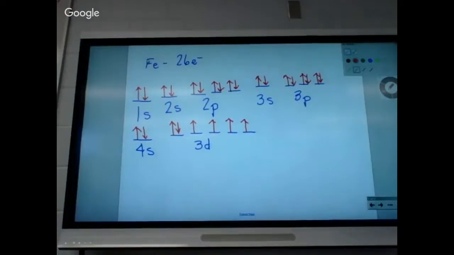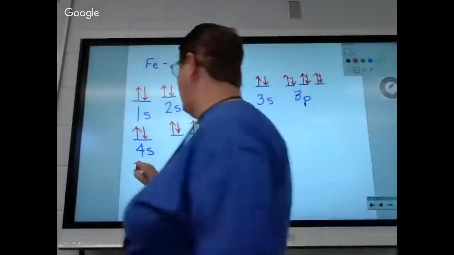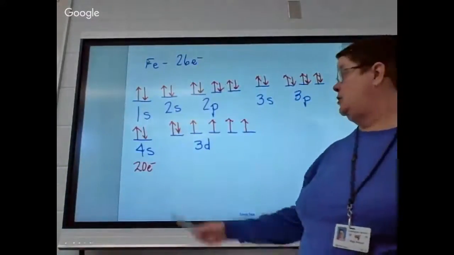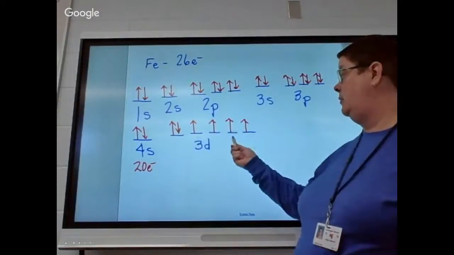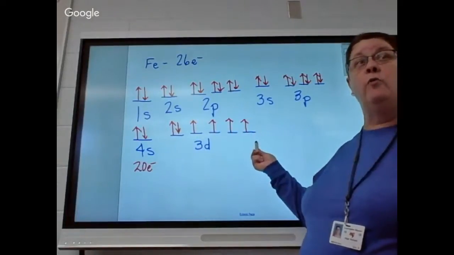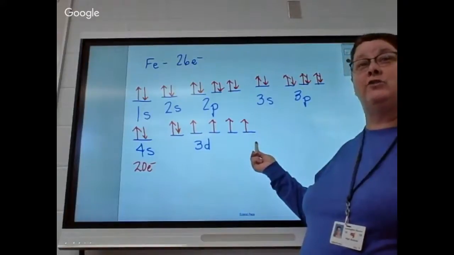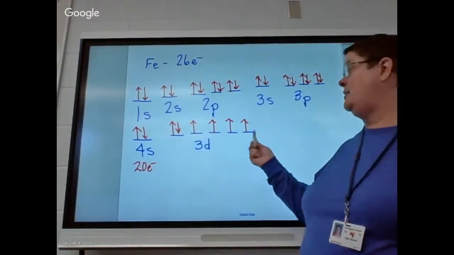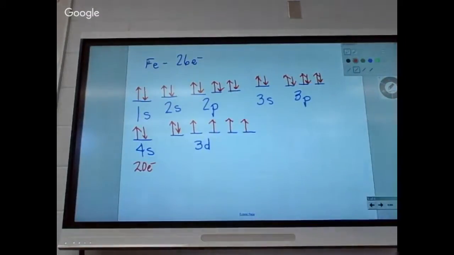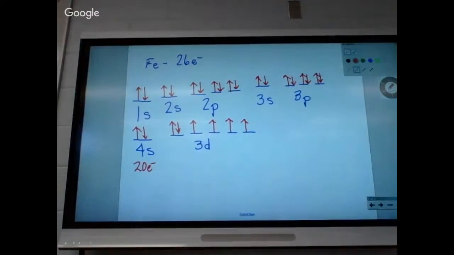You have 20 electrons right here, so we need 6 more. Everybody gets 1, so we're at 25. After everybody gets their own room, number 26 has to share, because 26 can't go to the next sub-level.